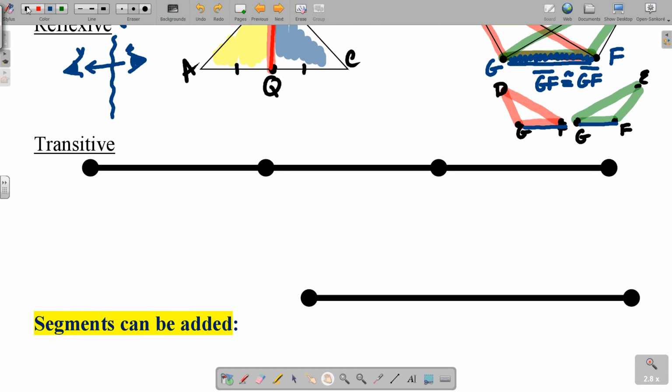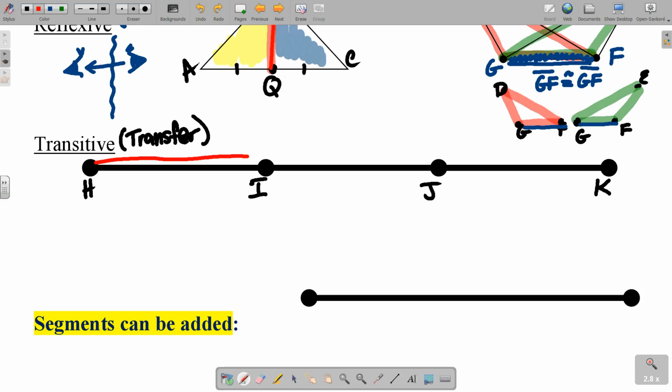Transitive. Above the word transitive or right next to it, write the word transfer. Get a couple colors out. This is really easy to see with colors. Let's say in this segment that HI and IJ are congruent.